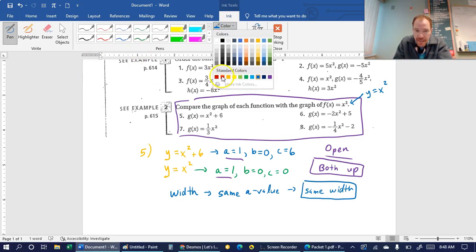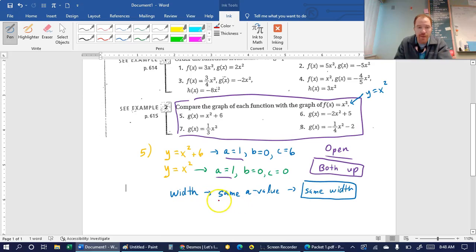And then lastly, if we think about shifting up or down, generally I would say track the vertex. Is the vertex higher or lower? So a shift or a vertex location is going to be c. We have c equals 6 versus c equals 0.